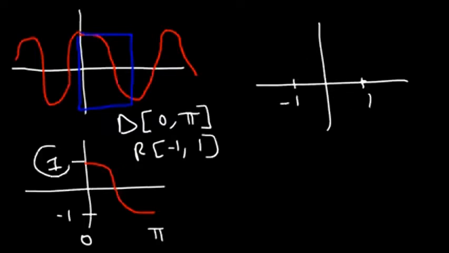So notice that the y values are now x values when dealing with the inverse cosine function. And we said cosine of 0 is 1, cosine of pi is negative 1, cosine of pi over 2 is 0, which is in the middle. And so to graph it, it's going to look something like this.